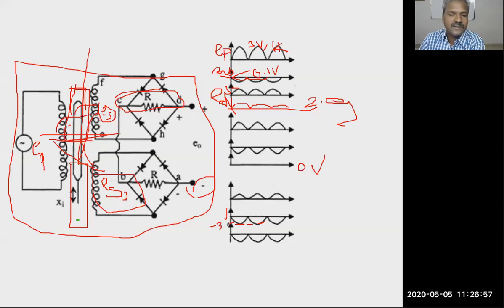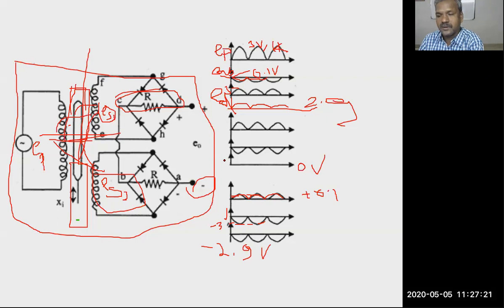So that is plus 0.1 volt. Assume this is plus 0.1. So what is the resultant? We will get minus 2.9 volt in the output.